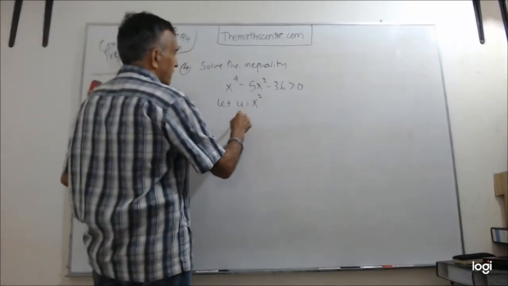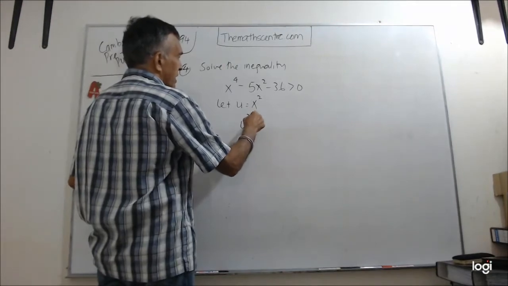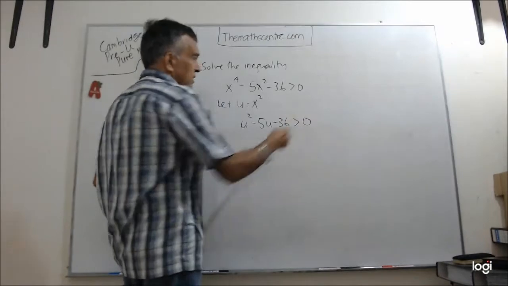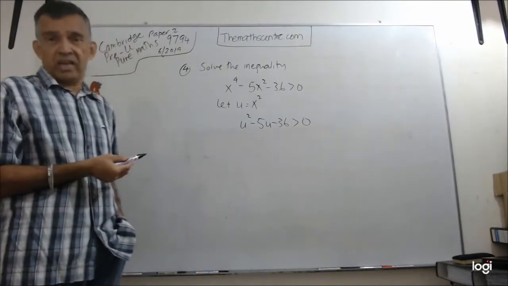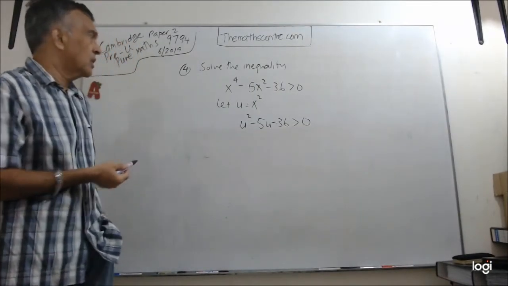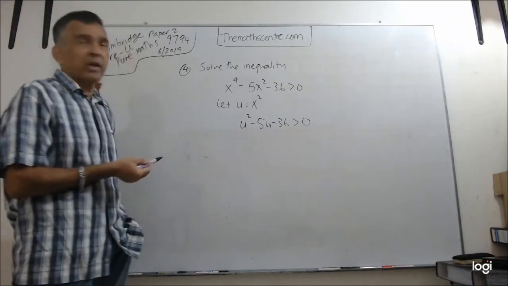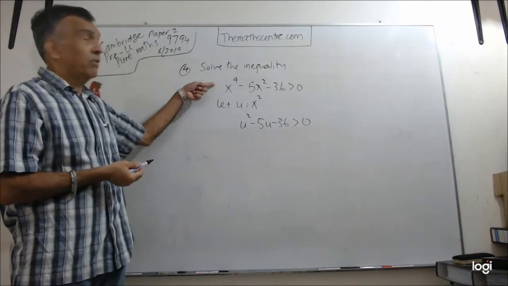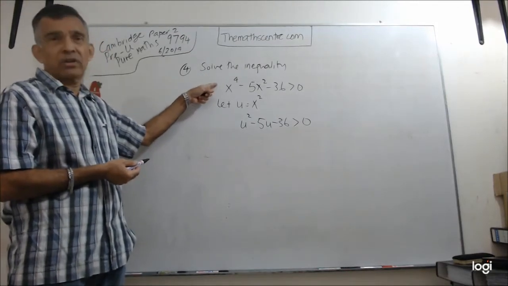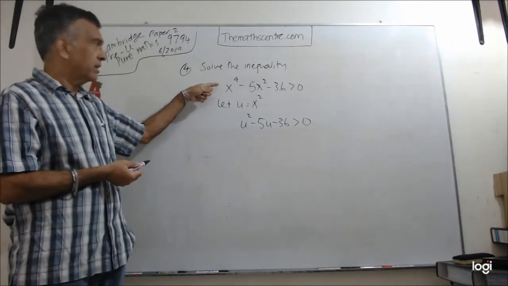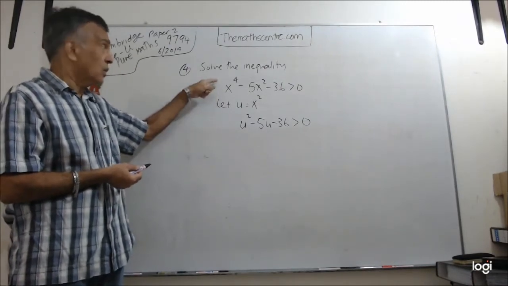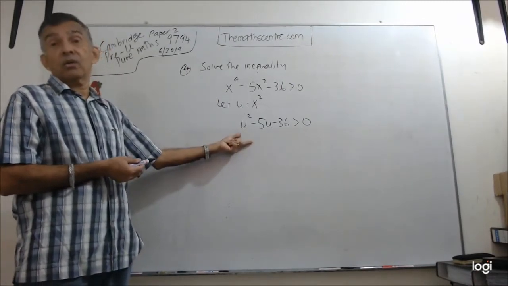Therefore, what we have now is u squared minus 5u minus 36 is bigger than 0. Now, this is easier to handle. This is a quadratic inequality, whereas the original is a quartic inequality, which is very messy to handle. So we reduce it to a quadratic inequality.